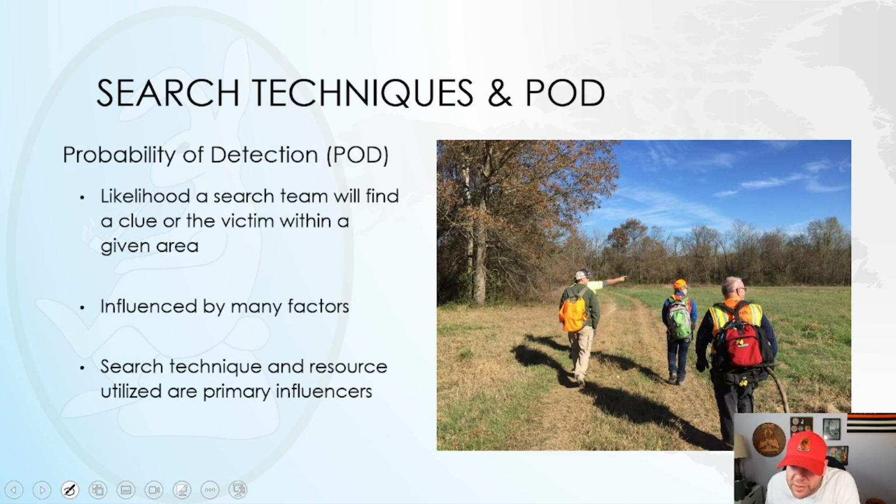That can also be something that will influence the probability of detection. So there's a number of factors that go into influencing it. So it's not a perfect science in terms of how we come up with that figure.